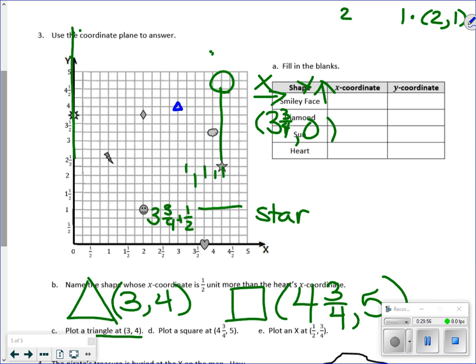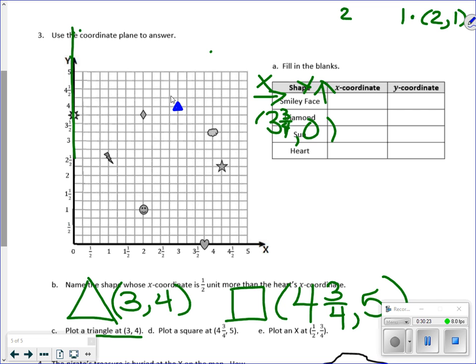Your triangle shouldn't be too far from that diamond. So it should be up there. The square, 4 3/4, is right over here.